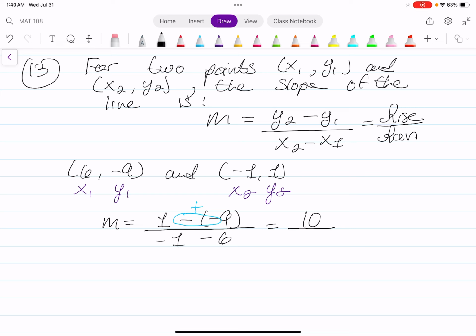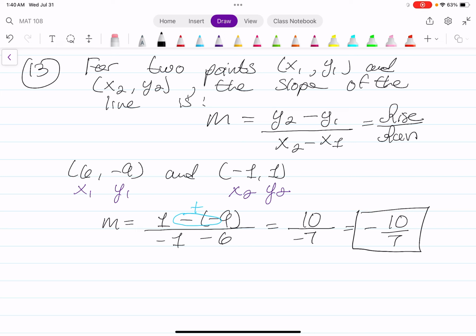Negative 1 minus 6. You owe your friend $1. You borrow $6 more from your friend. You now owe them 7. Because it's money that you will potentially need to pay back. Hopefully you do pay it back. That is going to be negative. A positive divided by a negative is a negative. The slope is negative 10/7.